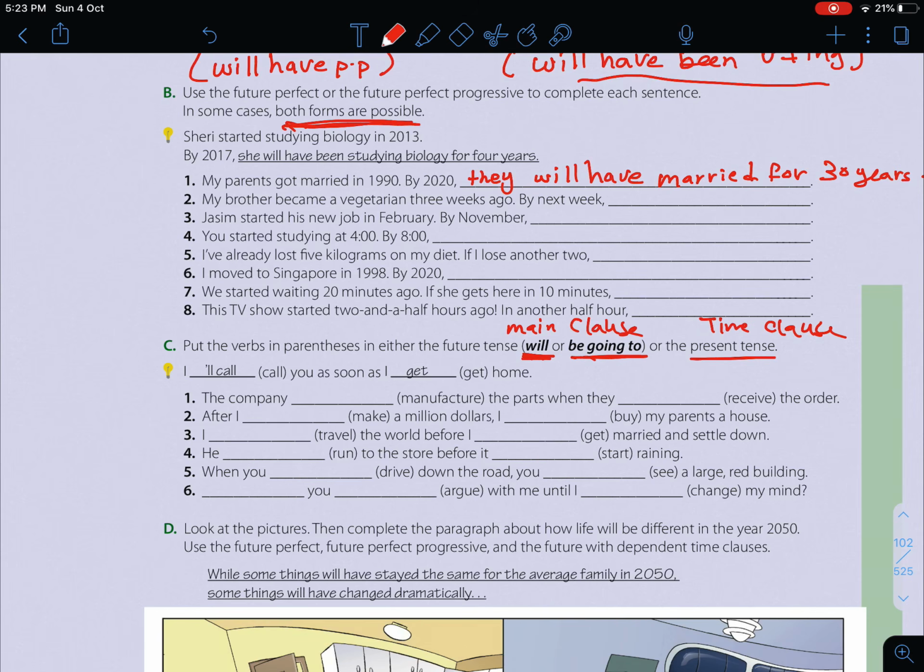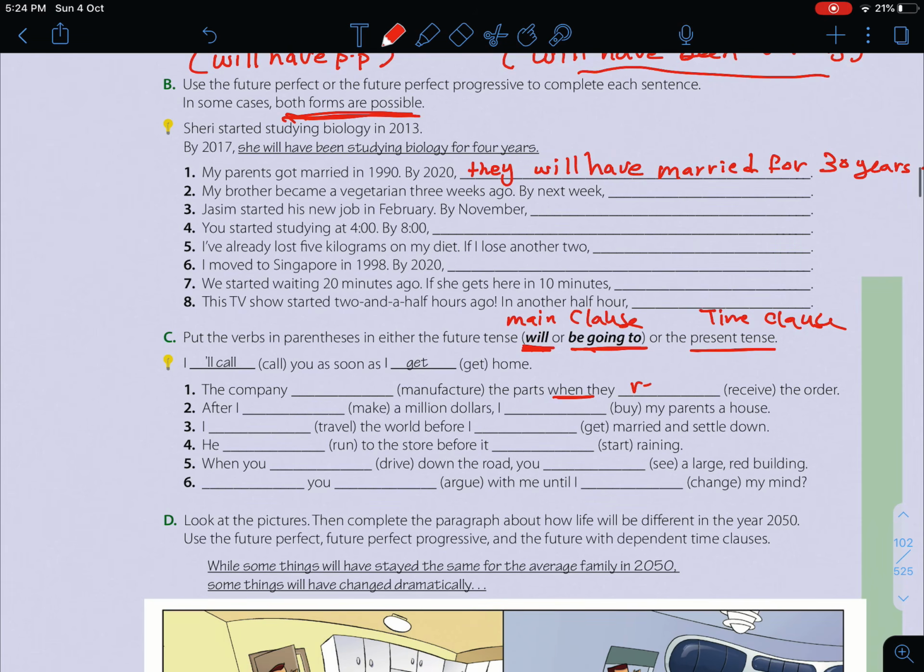The company manufacture the parts when they receive the order. Okay, طبعا هنا when they receive, this is the time clause, so this one will be in the present. Here طبعا this is the main clause, will manufacture or is going to manufacture.